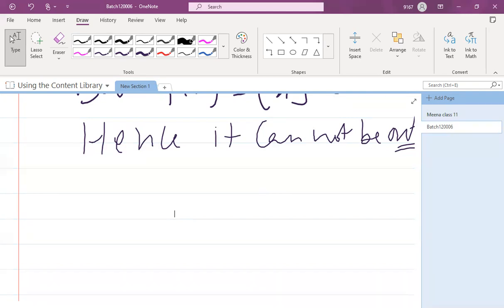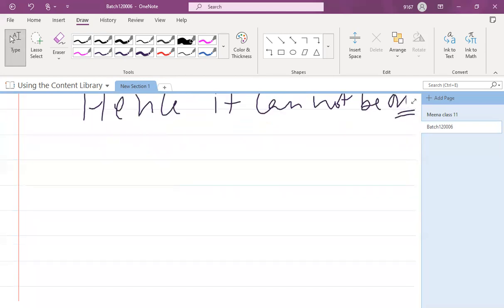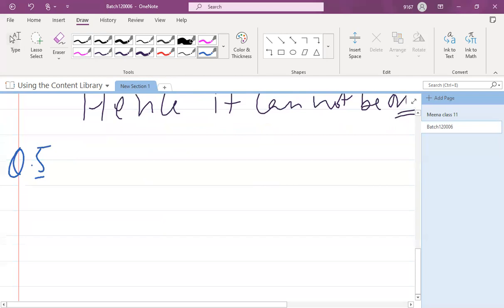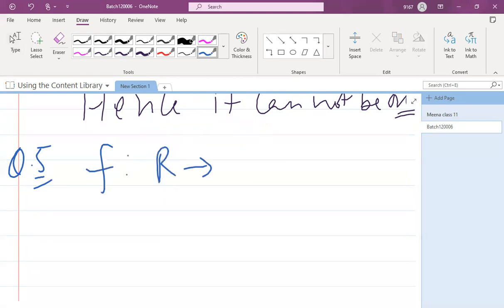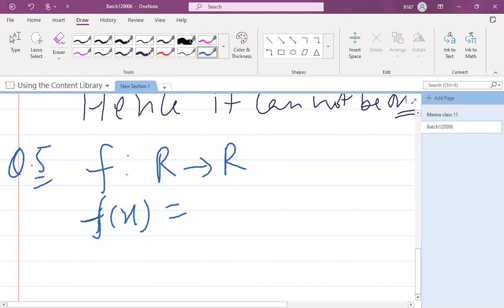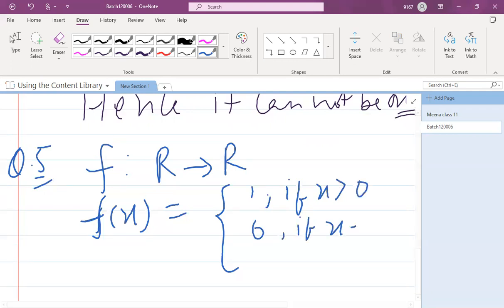Question number 5, signum function. The signum function defined from R to R is given by f(x) equals 1 if x greater than 0, 0 if x equals 0, and -1 if x less than 0.